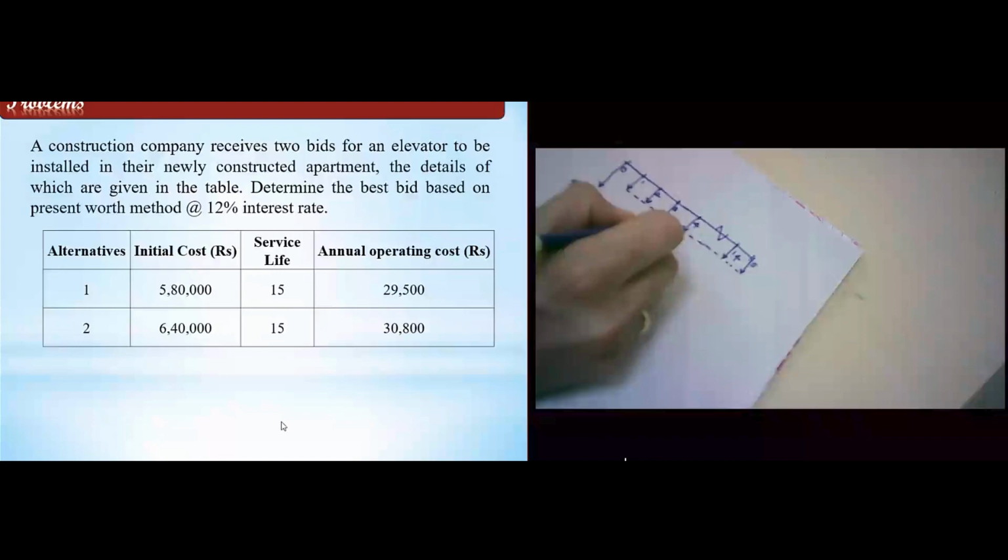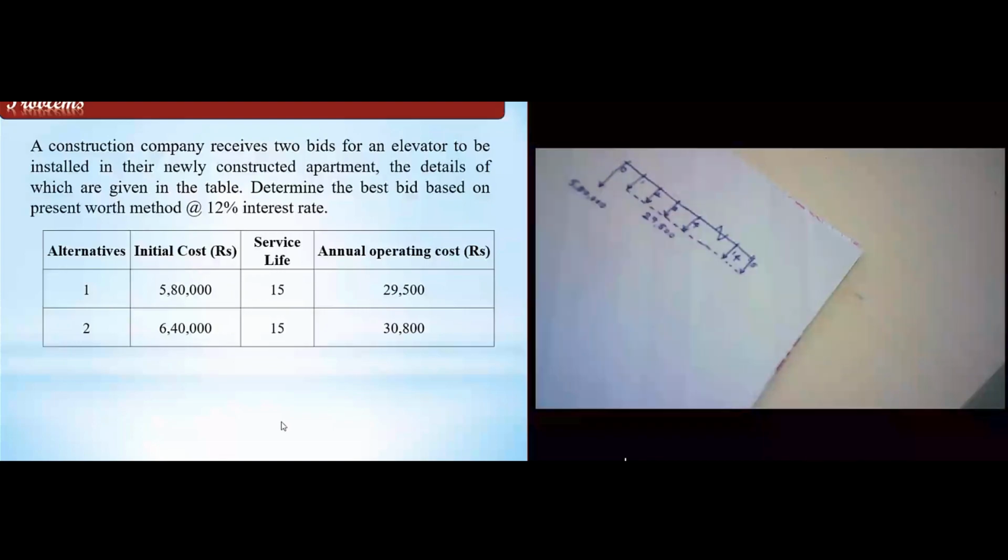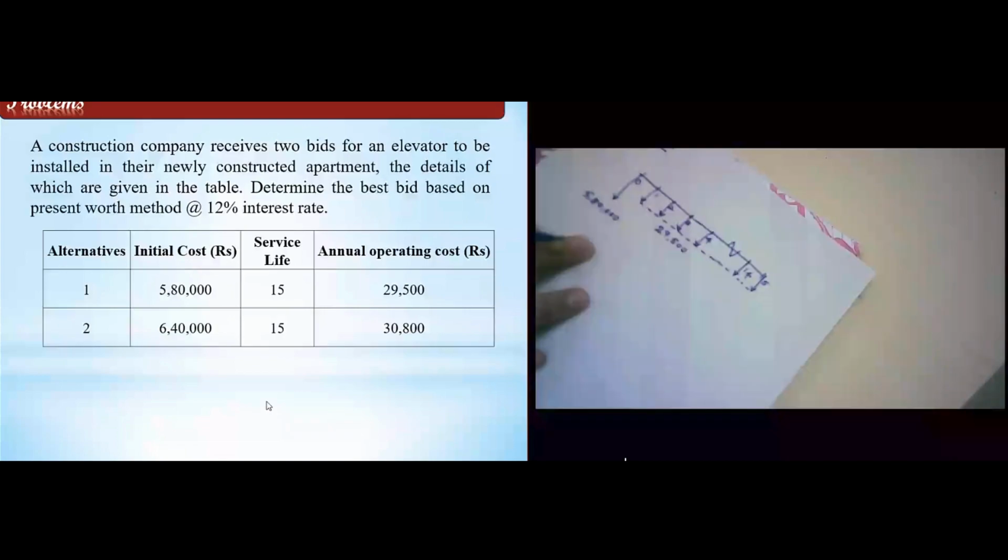Here in this case they have not given salvage value, so we are not going to draw any arrows on the other side of the cash flow diagram. Okay, so the interest rate they have given is 12%.